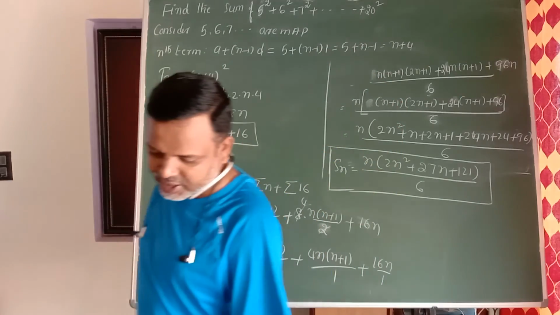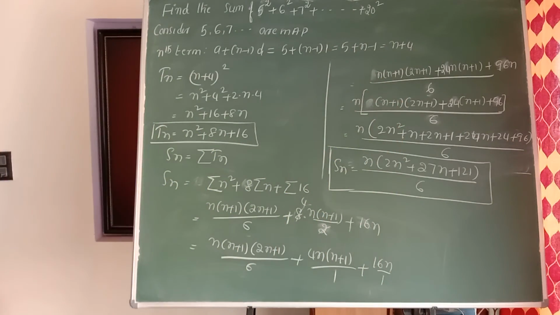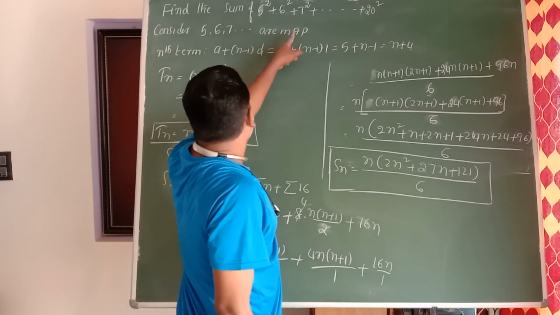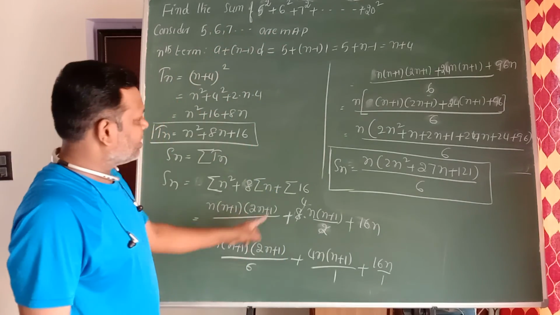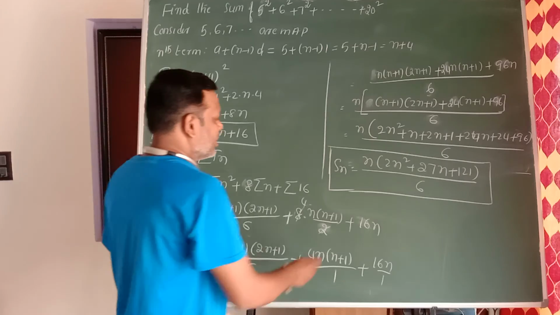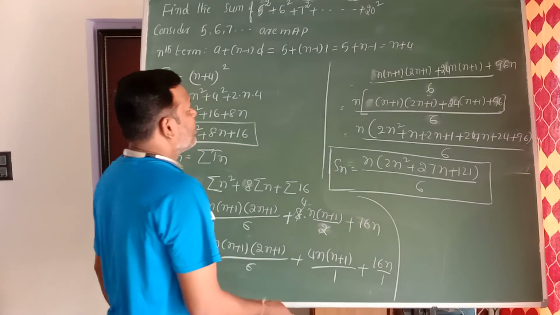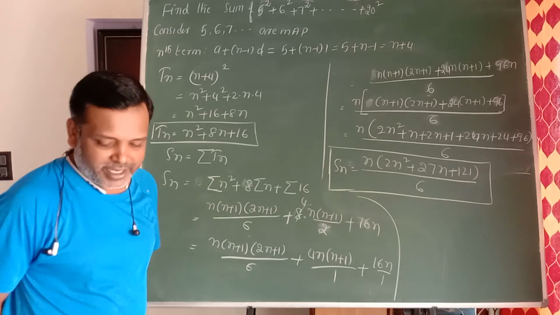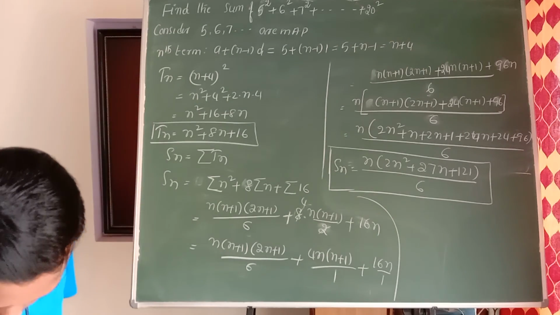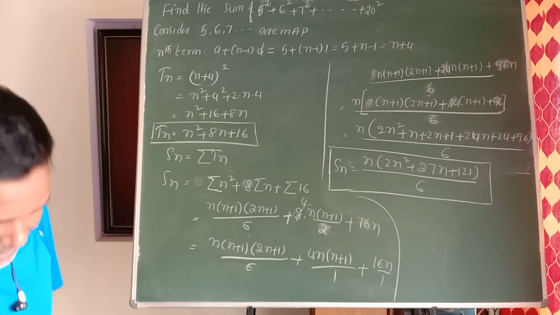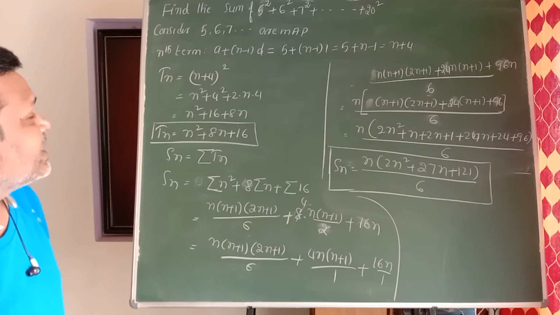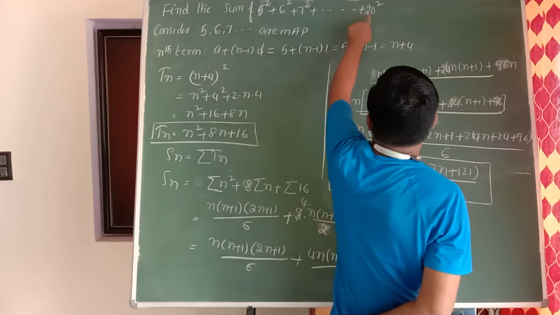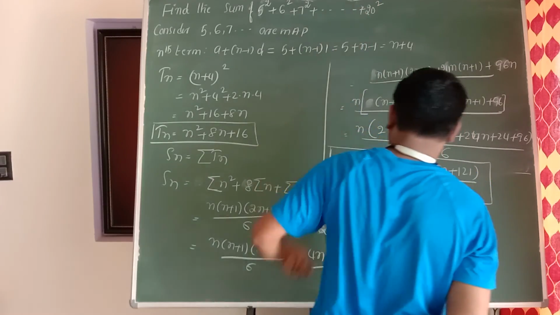Similarly, 5, 6, 7 are in AP, therefore the nth term is like that. Here we have 5 square, 6 square, 7 square up to 20 square. What is n here? n is equal to 16. Why 16? Because 5, 6, 7 up to 20 is totally 16 terms.